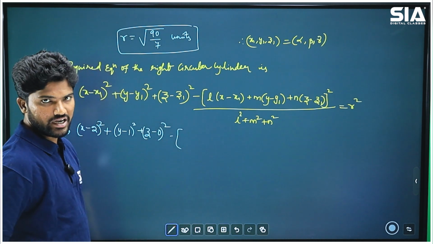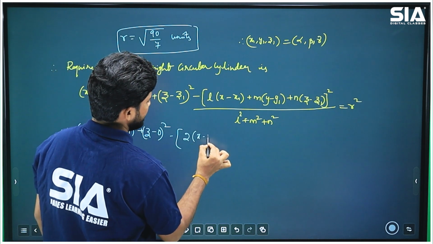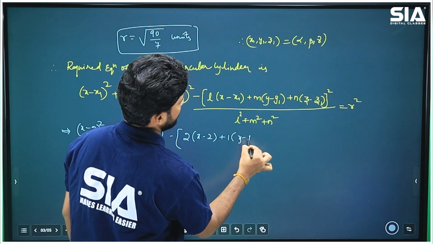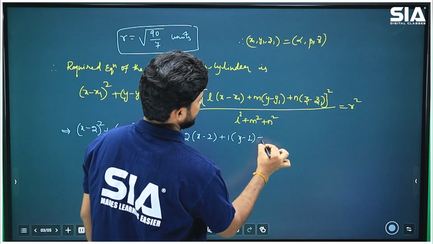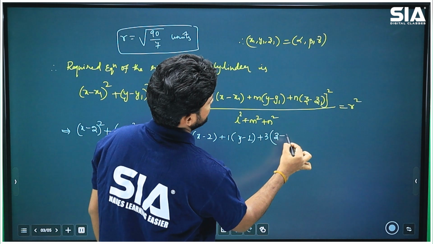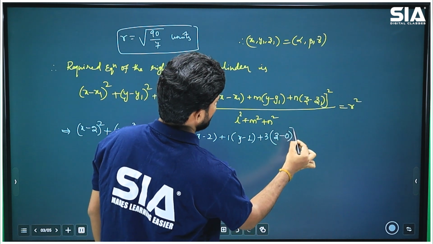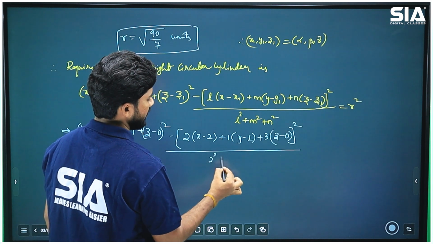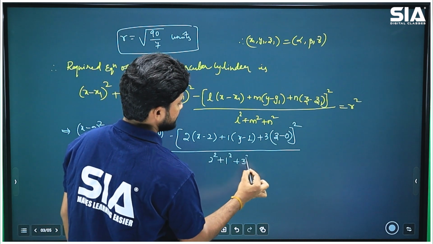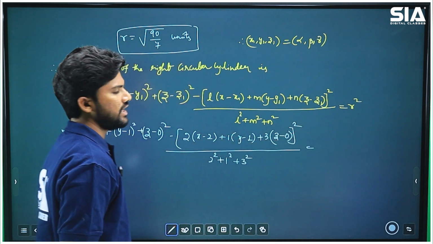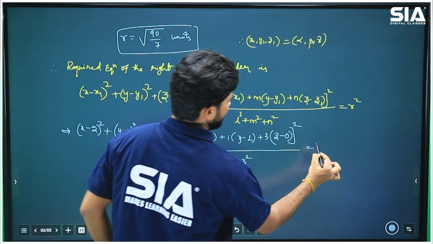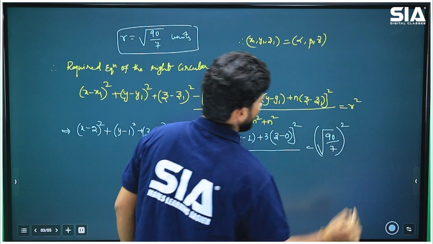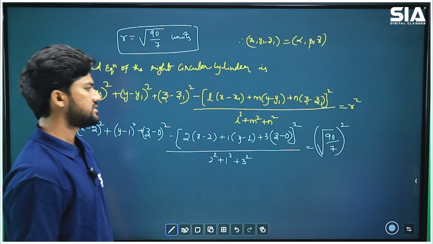Minus, what is the l value? l is 2, so 2(x - 2) plus m is 1 times (y - 1), plus n is 3, so 3(z - 0), whole square, whole divided by l² = 2² plus 1² plus 3², equal to small r². What is the small r value? Root 90 by 7, so r² is (root 90 by 7) whole square.